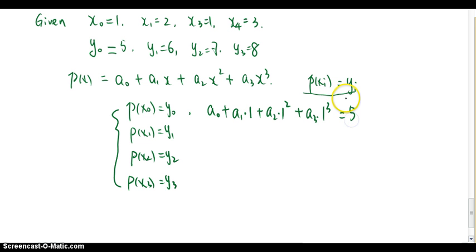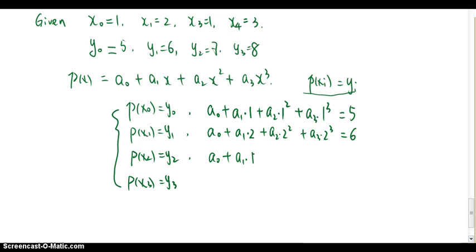So here is equal to 5. p of x1 is equal to y of 1. Means we have a0 plus a1 times 2 plus a2 times 2 squared plus a3 times 2 cubed is equal to y1, 6. The third one, a0 plus a1 times 1.